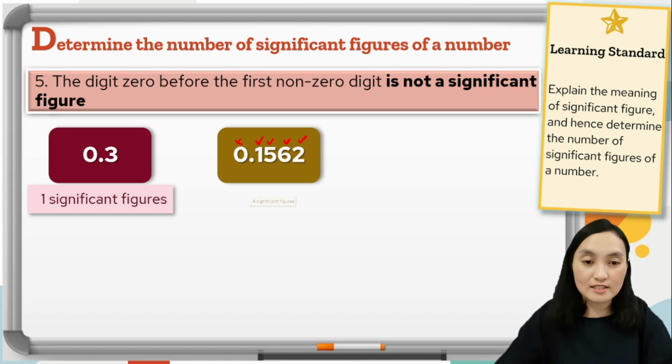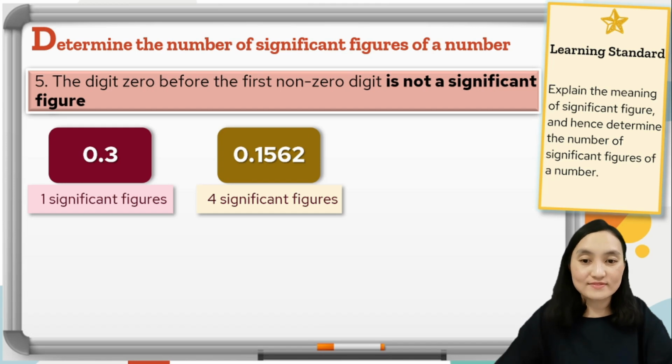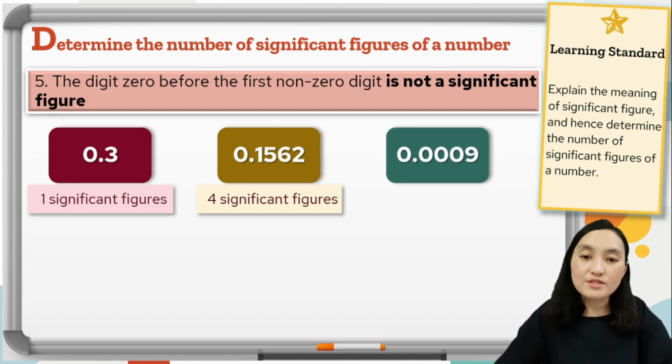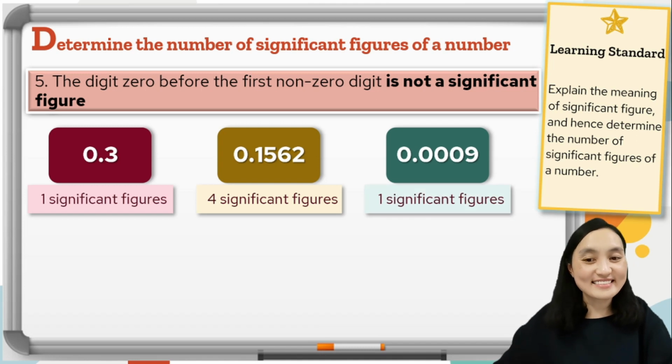So it is 4 significant figures. 0.0009. How many significant figures are here? Yes, it is only 1 because all these are zeros before the non-zero digit. Alright, so it is only 1 significant figure in 0.0009.